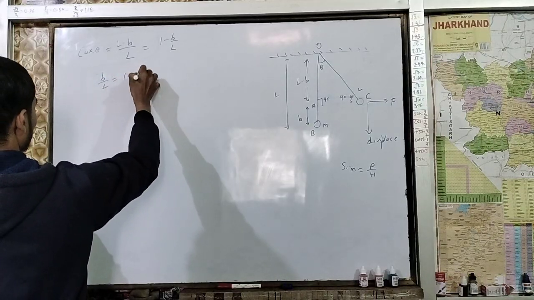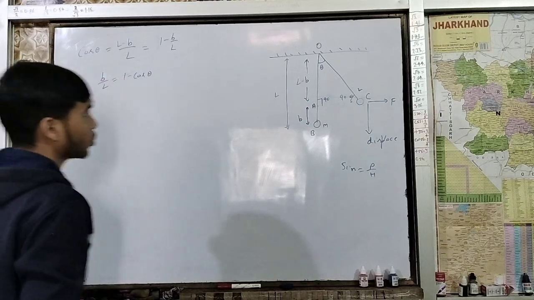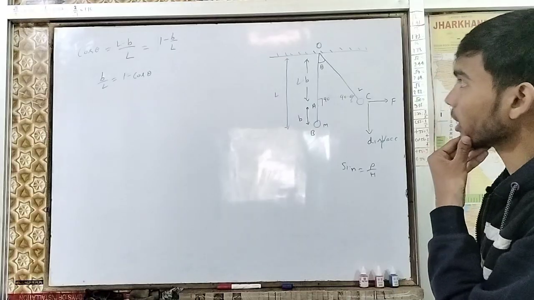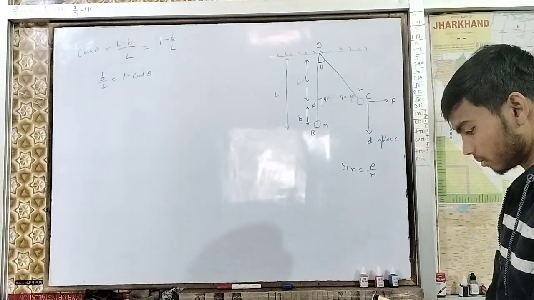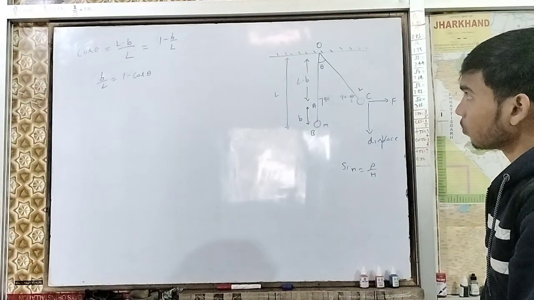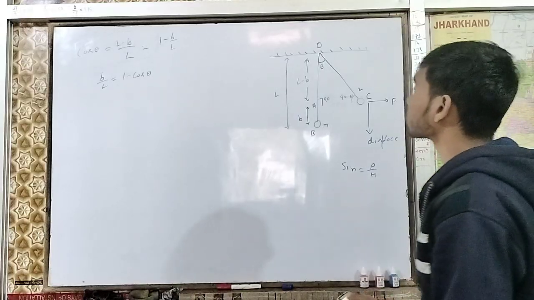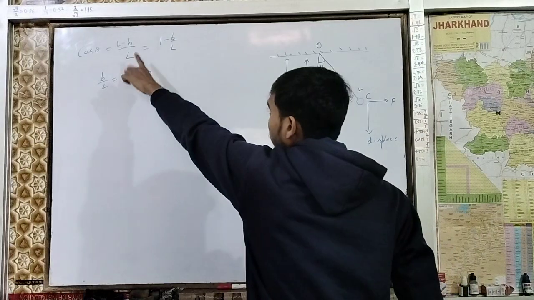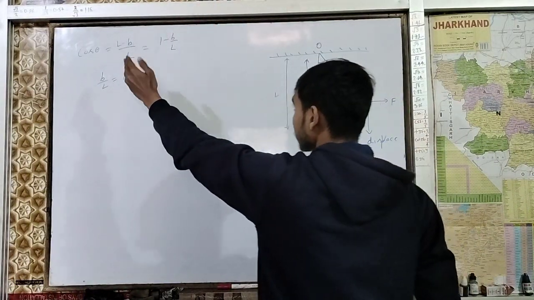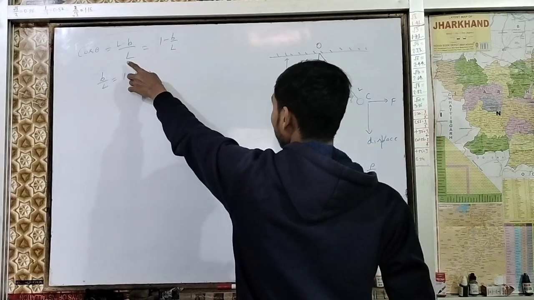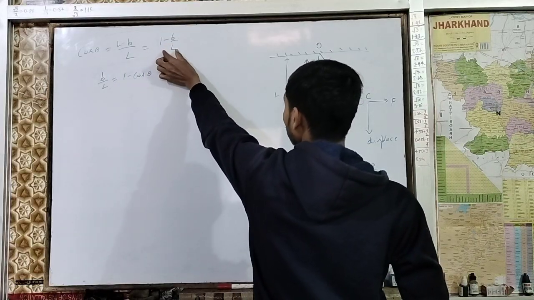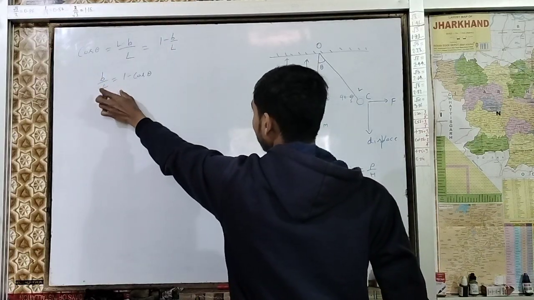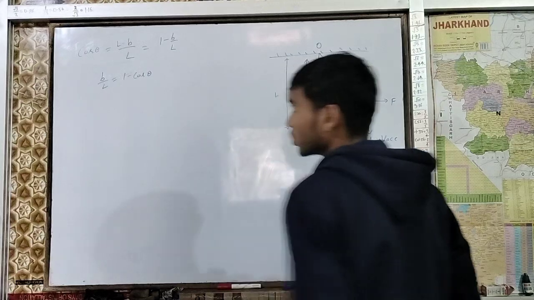So to calculate the value of b upon L, it will be 1 minus cos theta. According to this data, we wrote over here L minus b upon L. If we simplify it further, we get 1 minus b upon L. Simplifying again, b upon L is equal to 1 minus cos theta.